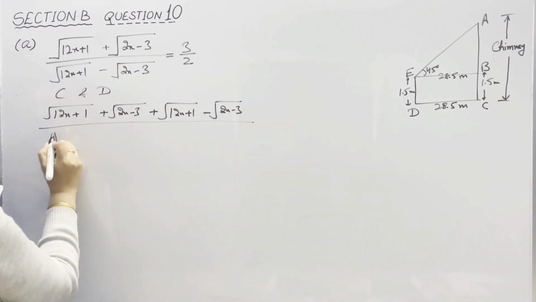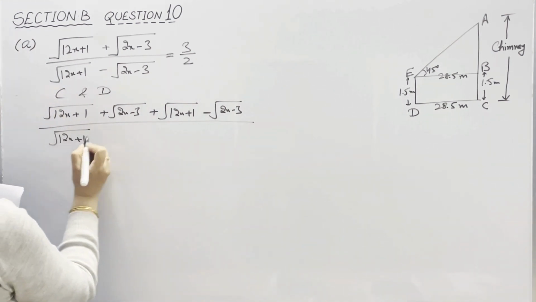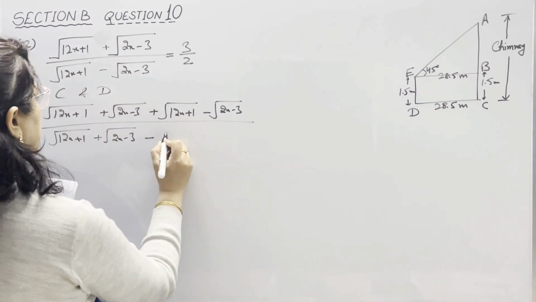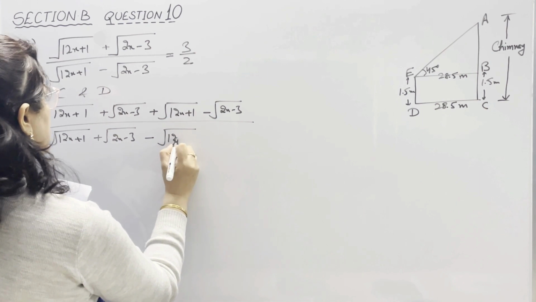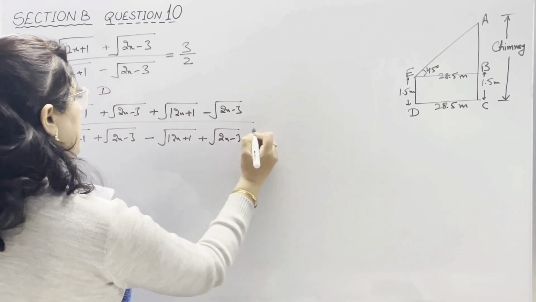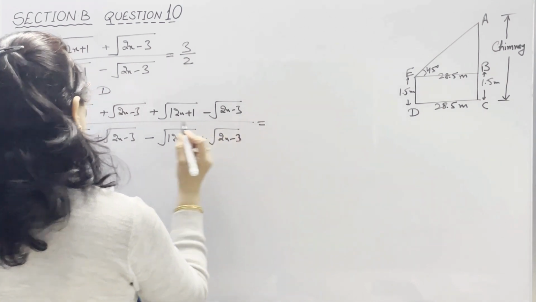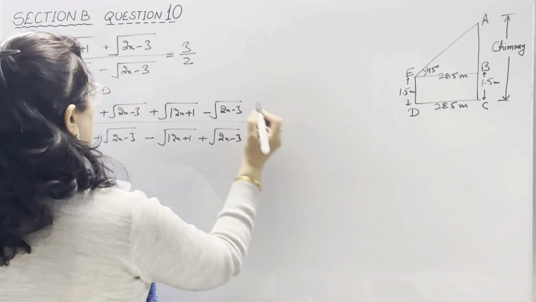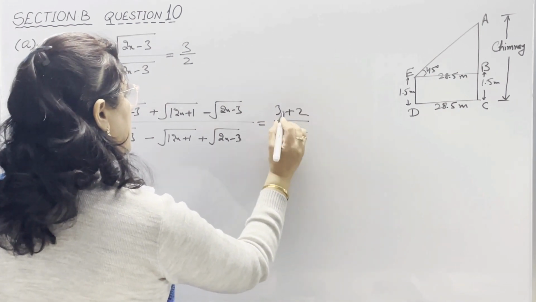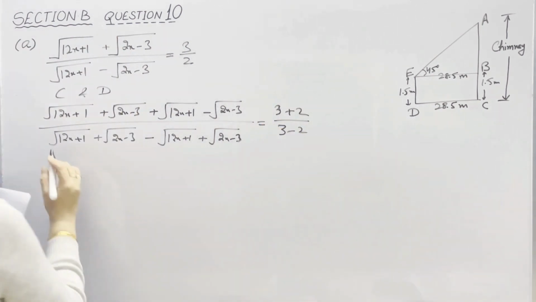In the denominator again we will write numerator and then minus: root of 12x plus 1, minus root of 2x minus 3. But whenever we apply componendo or dividendo, we should apply it on both sides. So 3 plus 2 and 3 minus 2 on the right hand side also.